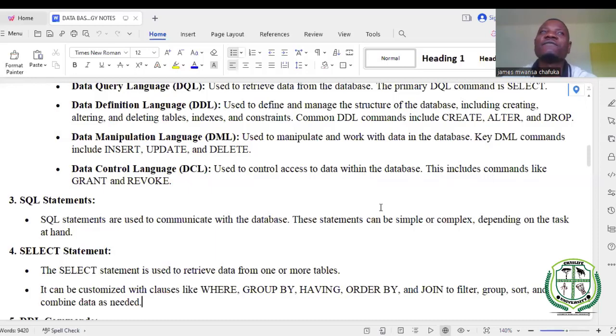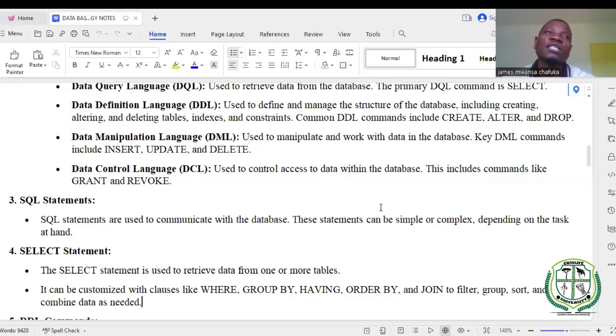So in order for you to communicate with the database, there is a need to use structured query language statements, which will help you to communicate with the database.